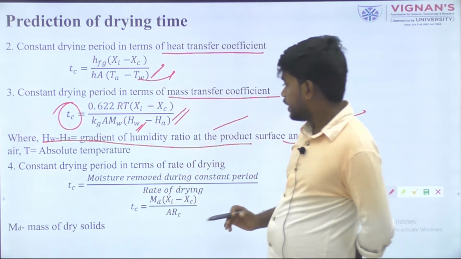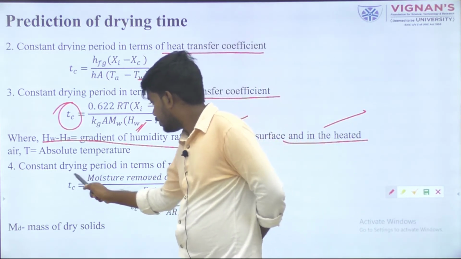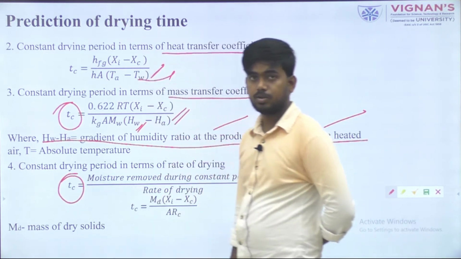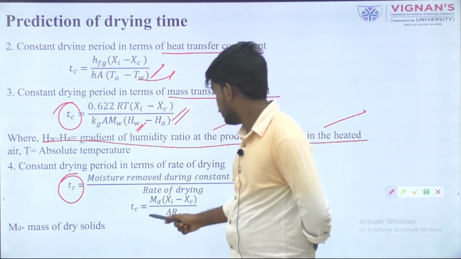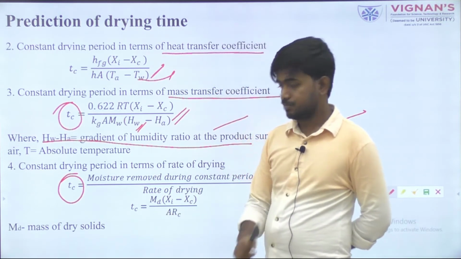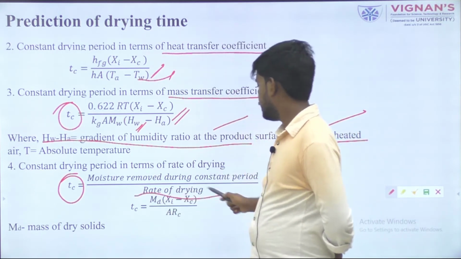For the constant rate drying period, as I told earlier, if we want to know the time value, it is the moisture removed divided by the rate of drying.